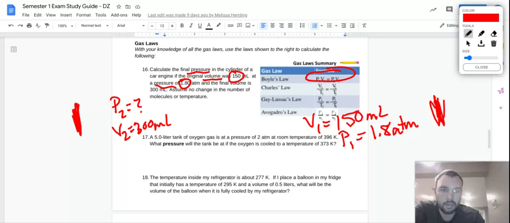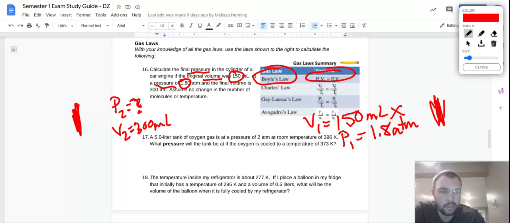Because it's Boyle's law, this is the one funky one where we multiply same side and divide by the third number. I can take this question mark times 300, but that's not going to help me simplify anything.